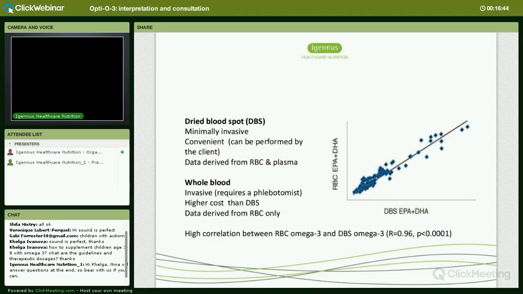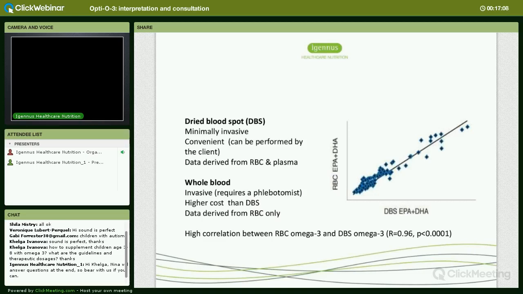Another purpose of putting this slide in is to highlight the fact that when we make our recommendations, we highlight the importance of fasting overnight. And the reason that we need to fast is that any fatty acids that we take in are obviously going to affect our plasma levels, and we don't want them to affect plasma levels.